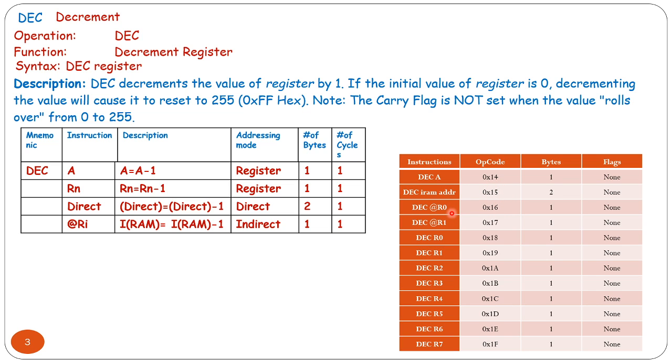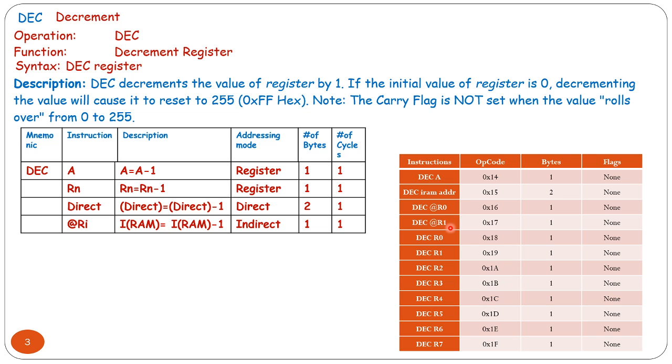Decrement @R0. The content of internal random access memory whose address is indirectly pointed by the R0 register is decremented by 1. Decrement @R1.